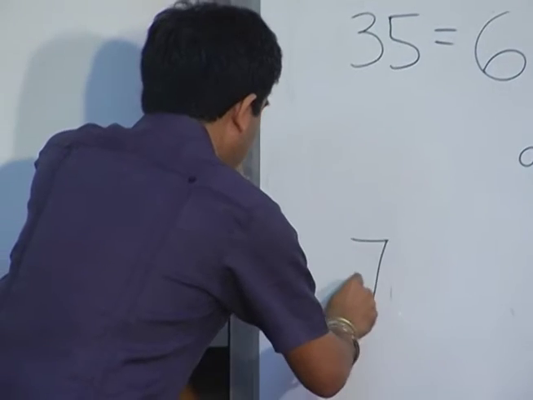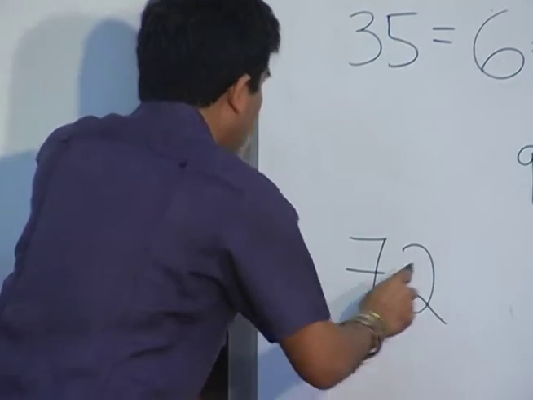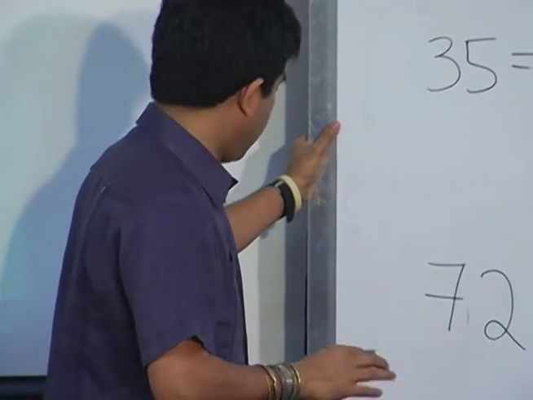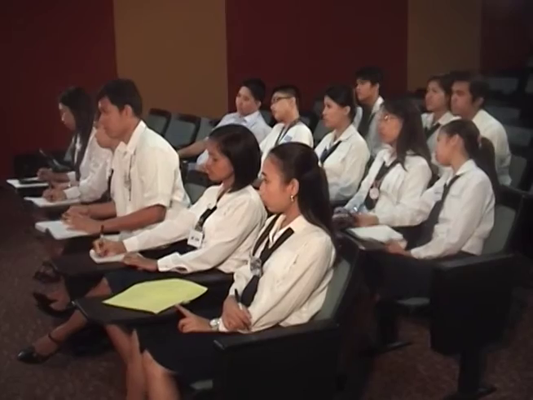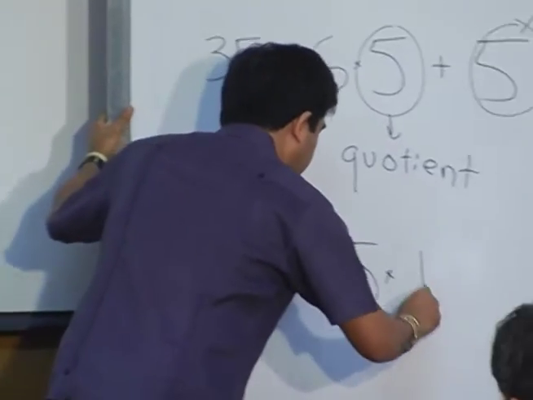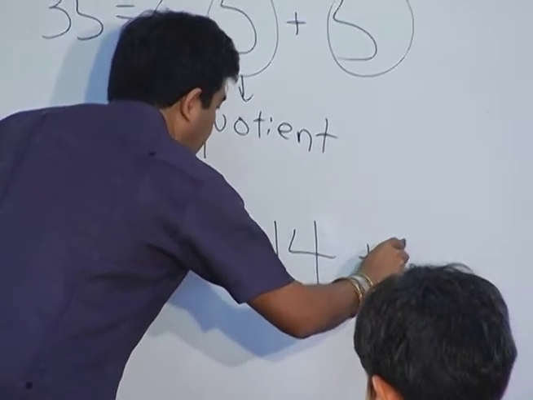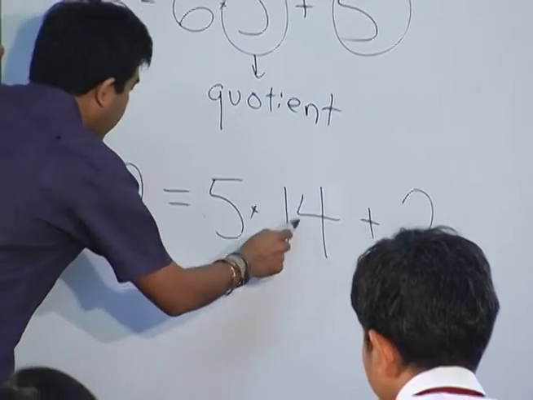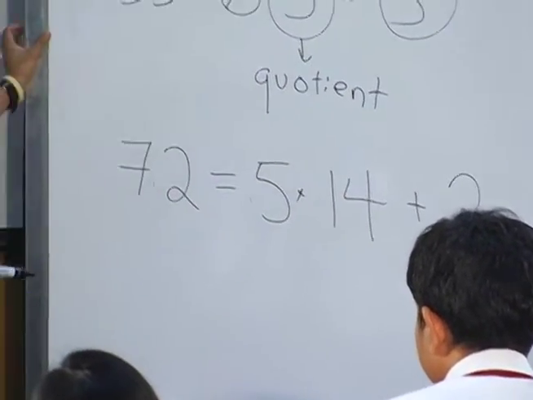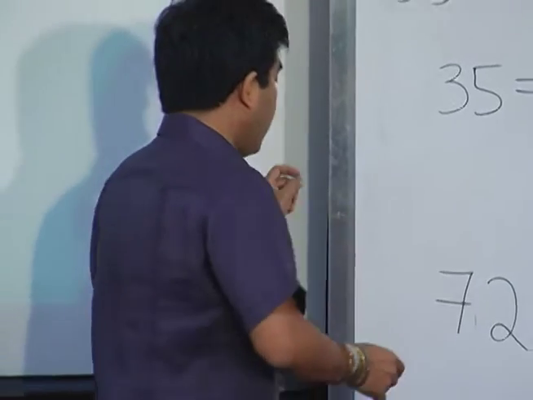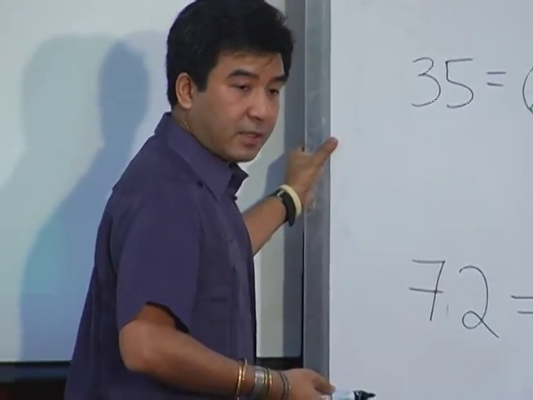Let's do another division. Let's divide 72 by 5. How many 5s can we find in 72? This is 14, and 2 is the remainder. So 14 is the quotient and 2 is the remainder. How about 72 divided by 6? That's 12.